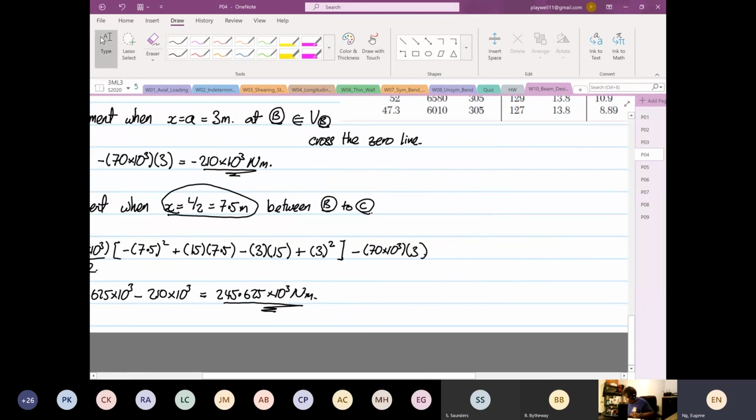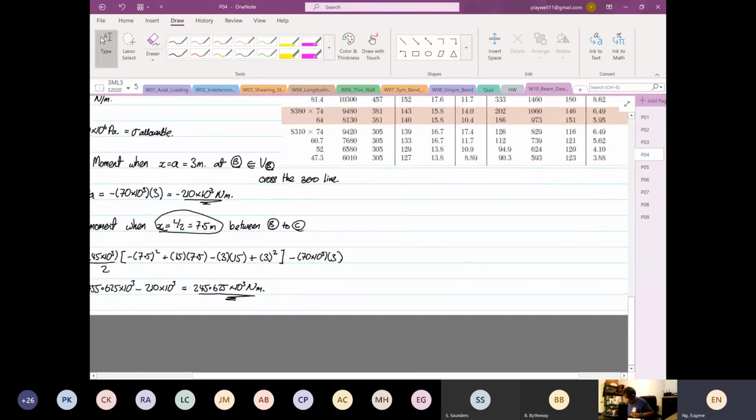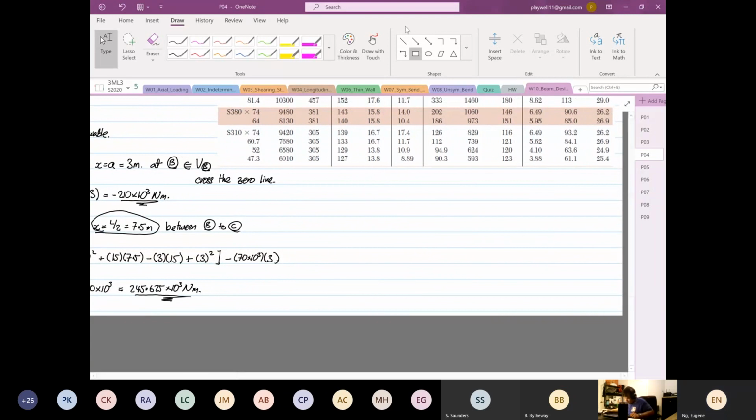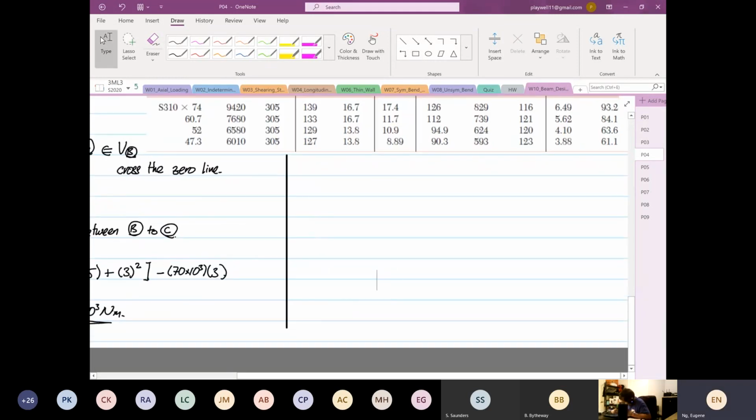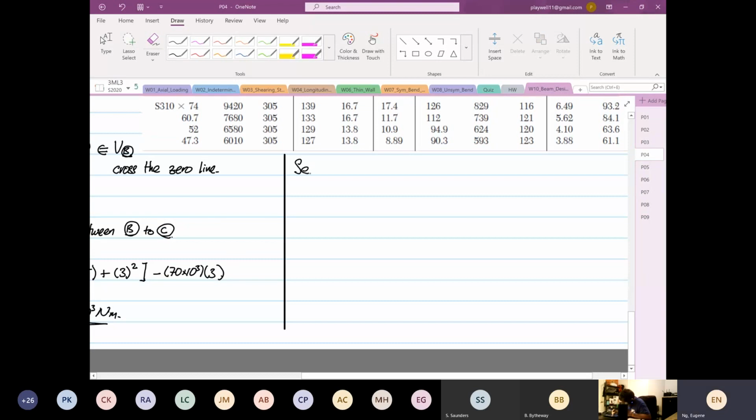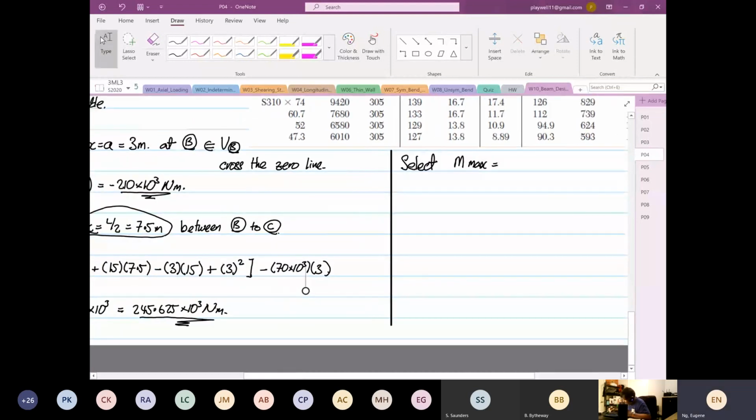Okay, so from here, we are going to select Mx, which will be equal to 245.625 times 10 to the power 3 Newton meter.